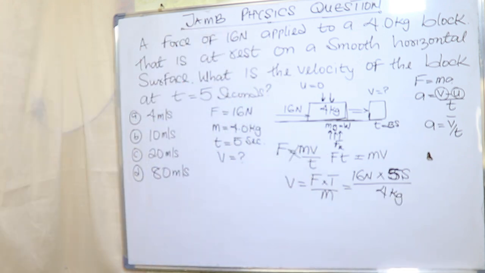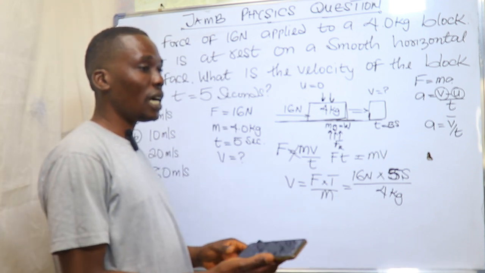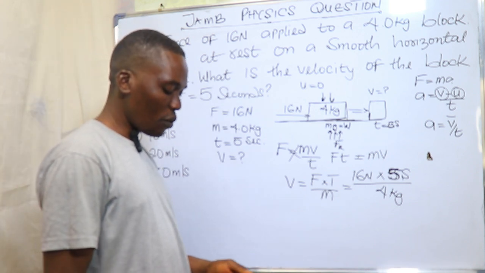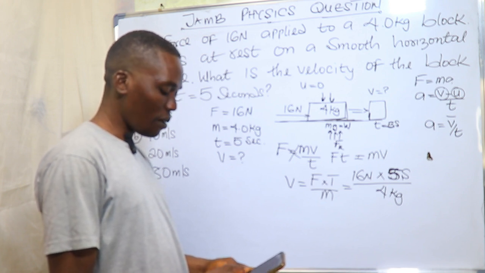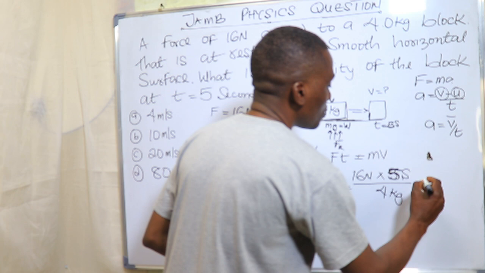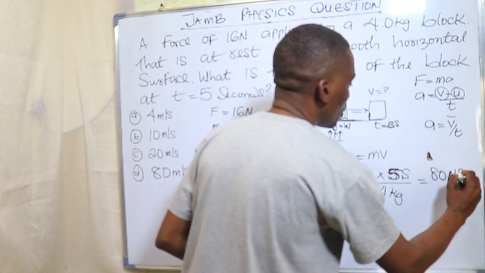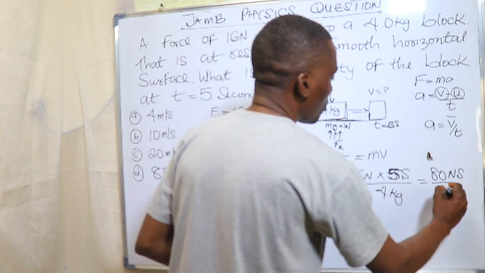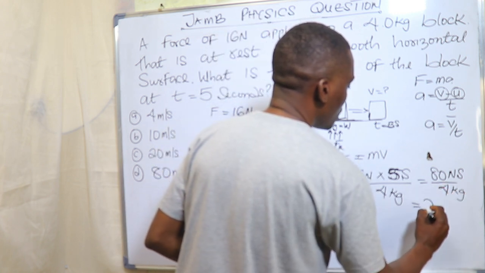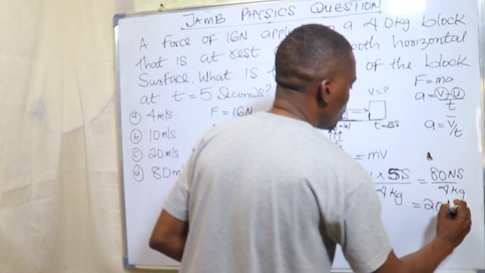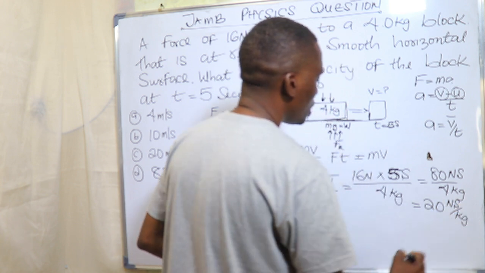If I multiply 16 times 5 will give me 80 Newton seconds divided by 4 kg, and that one will give me 20 Newton seconds divided by kg.